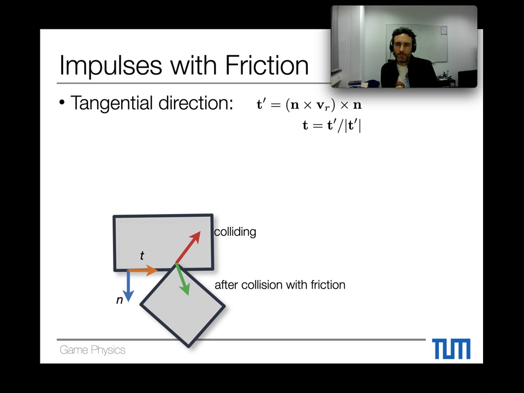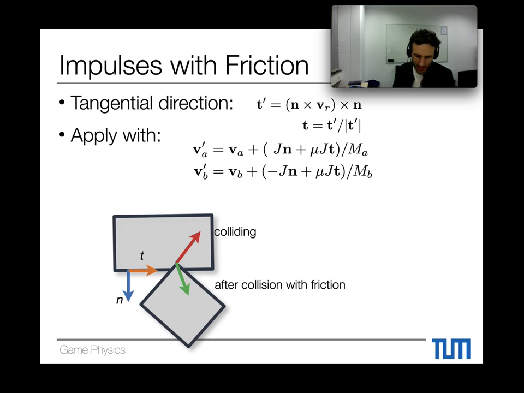You can try that out if you like, but from the first part here we have the cross product between the relative velocity and the normal, which gives us a perpendicular vector, and then we're doing another cross product with the normal, which now gives us a perpendicular coordinate system where this vector is along the surface of the object we're interested in, and then we should normalize it to have a proper tangential vector.